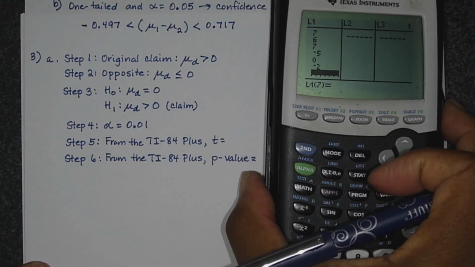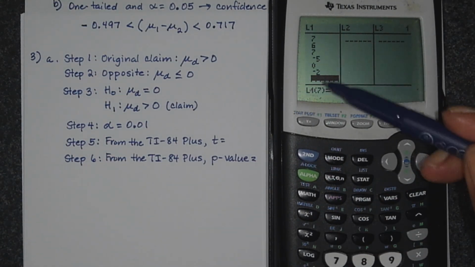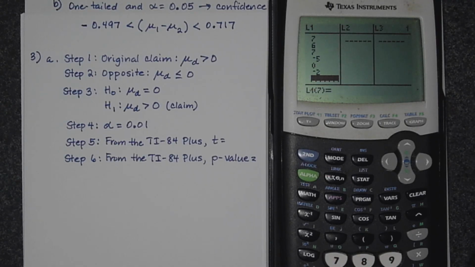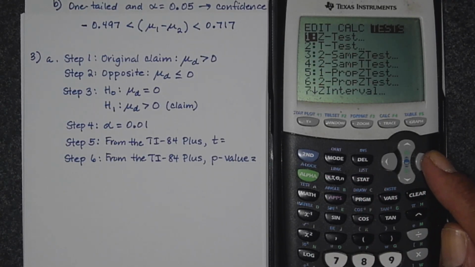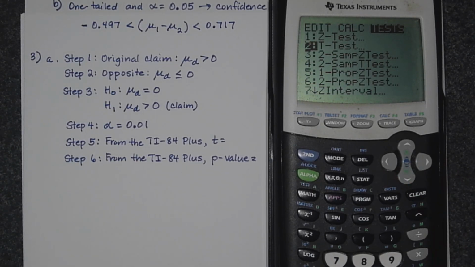All right, so we already got our differences in L1. So from here, we go ahead and press the Stat key, go over to Test, and the one we're going to select is menu item number 2, which is going to be the t-test.